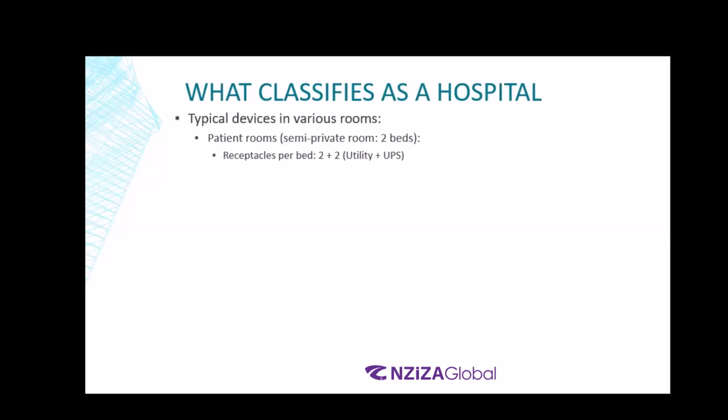We are talking about per bed. Be it 4 bed, 10 bed, we'll give 2+2 receptacles. All right. Minimum. In case the doctors, when the planning meetings are going on, mention something that is needed on and beyond the 2+2, then we need to take that into consideration as well. All right.